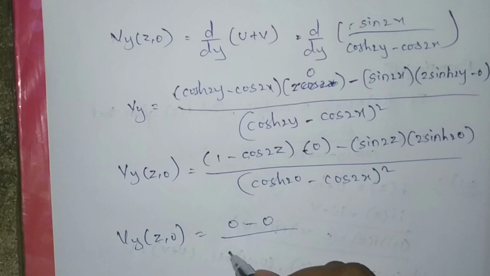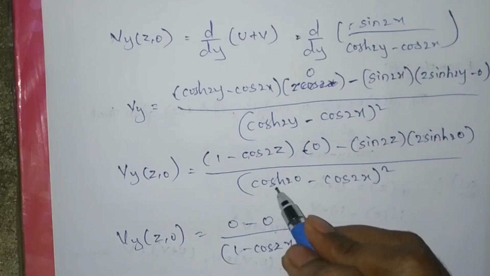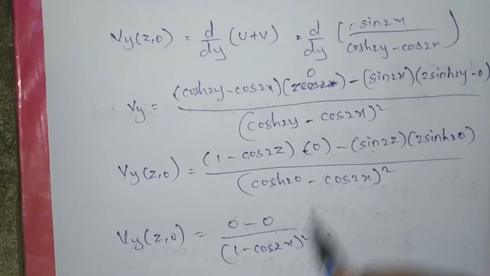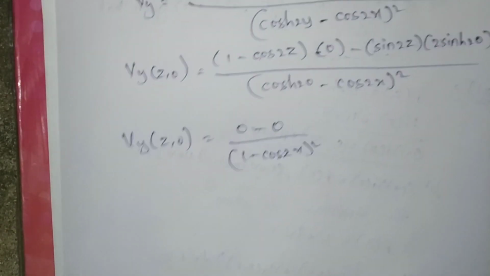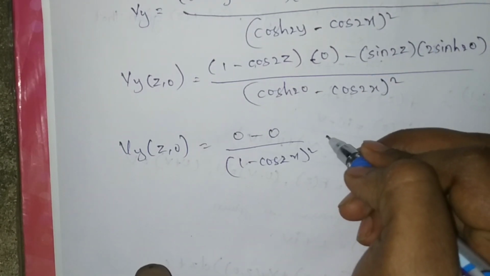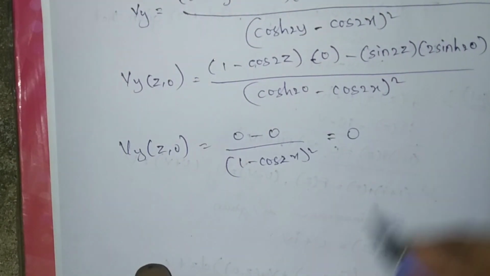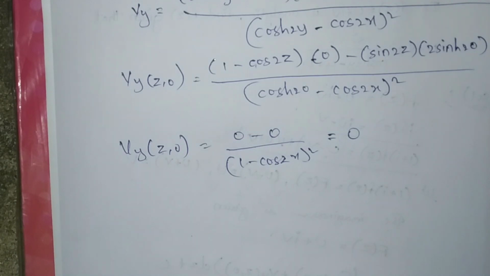Zero minus 0 by (1 − cos 2z) whole square, since cosh 0 is 1. The numerator is 0, so the value becomes 0.